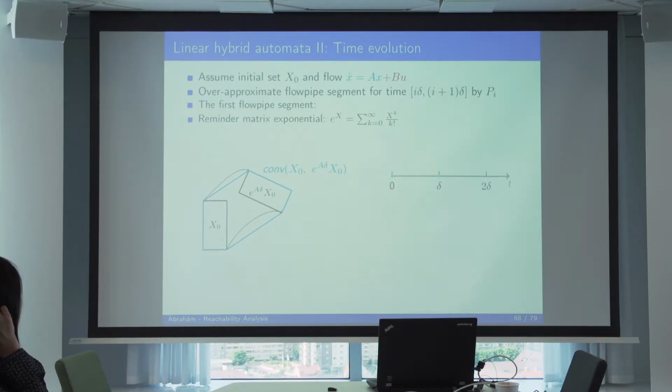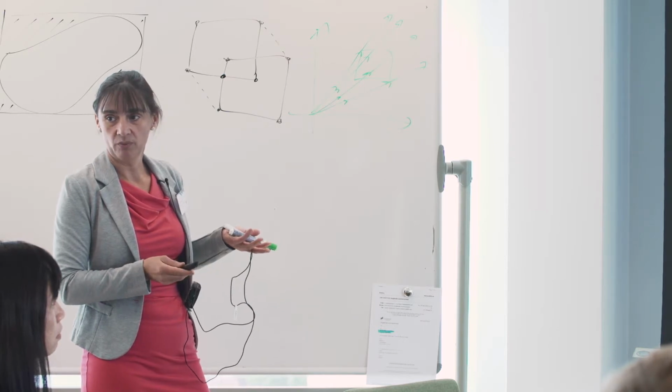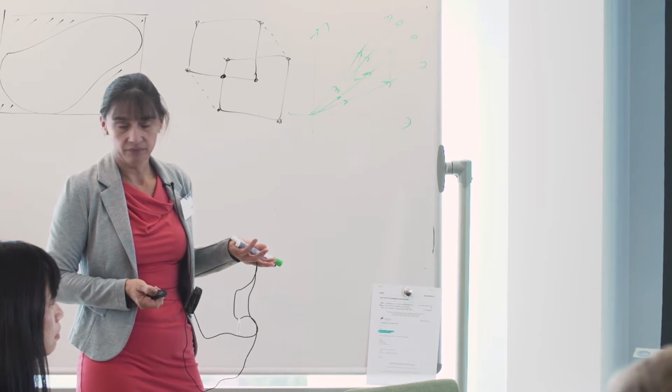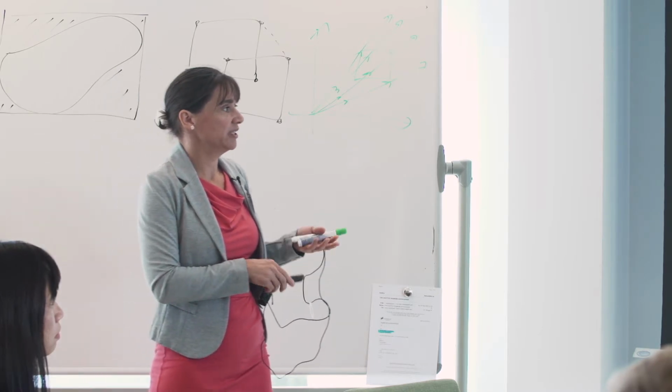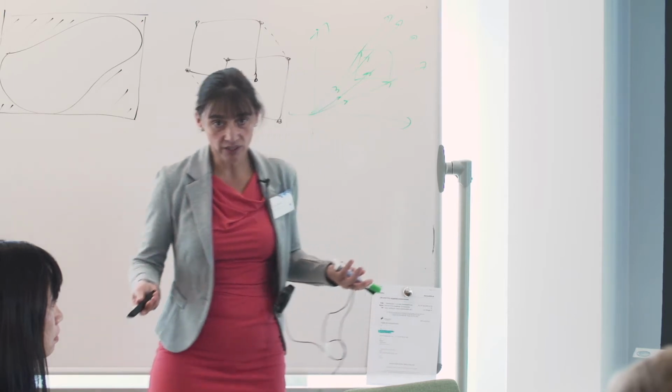And now I need to solve basically an optimization problem. I need to solve what is the biggest distance here between this linear behavior and the nonlinear one. And there are techniques to do it over-approximatively, either depending on the initial set or independent. If it depends on the initial set, I always have to recompute.